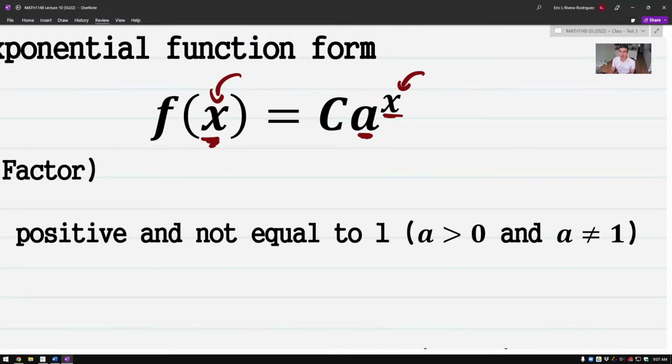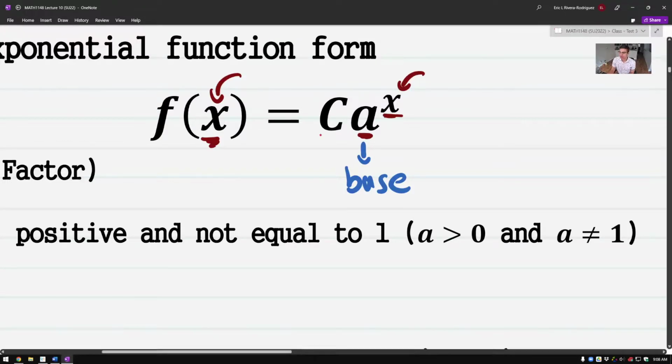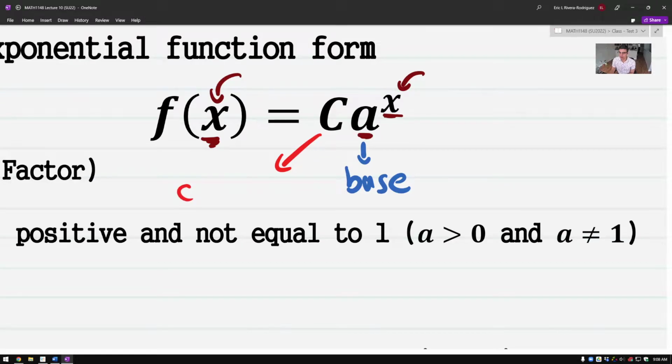So A is the base, and C is just a constant, a factor that is going to be multiplied by the entire expression.